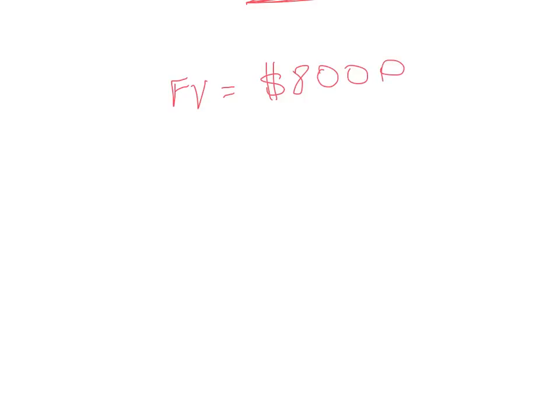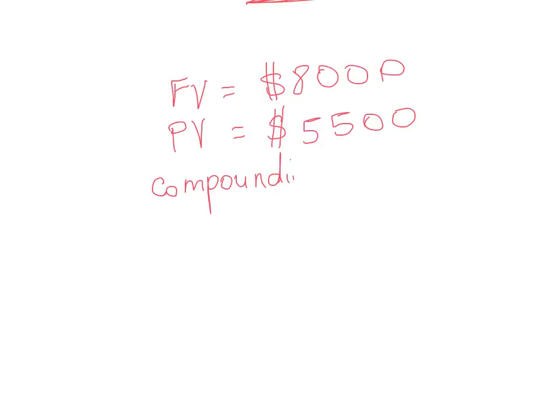And the present value you started off with was, let's say, $5,500. And it was compounding yearly at an interest rate of 5% per annum, 5% per year.